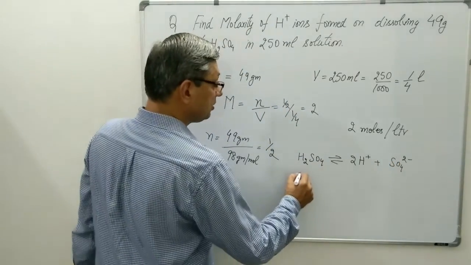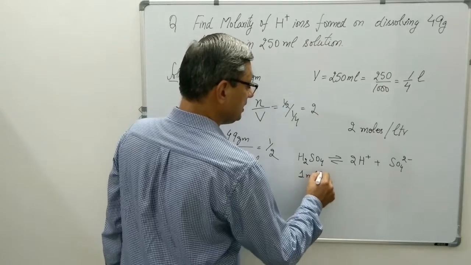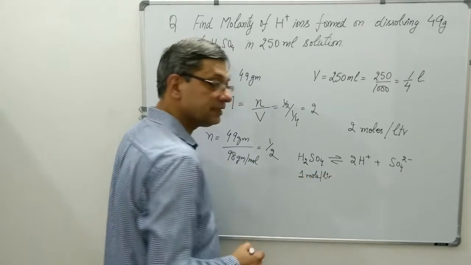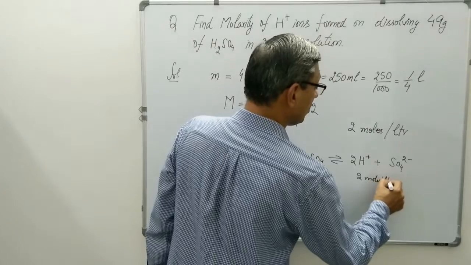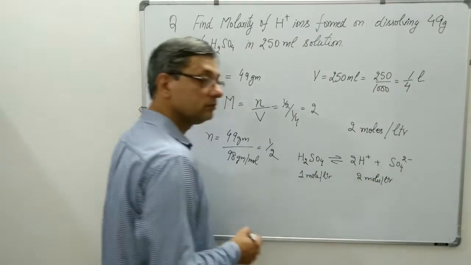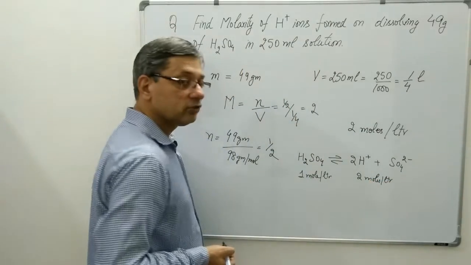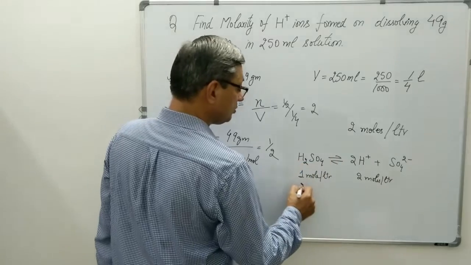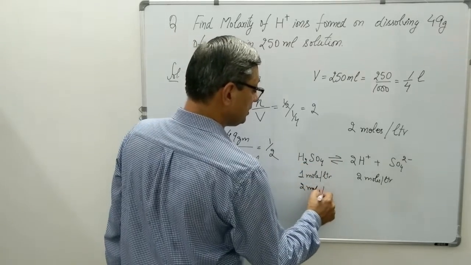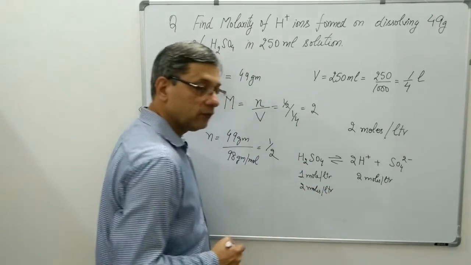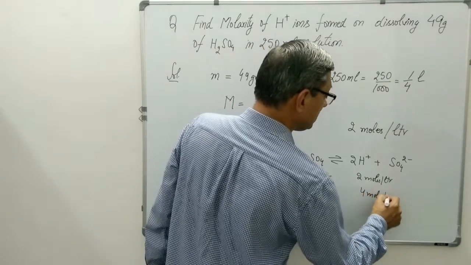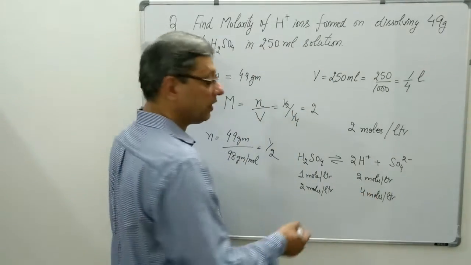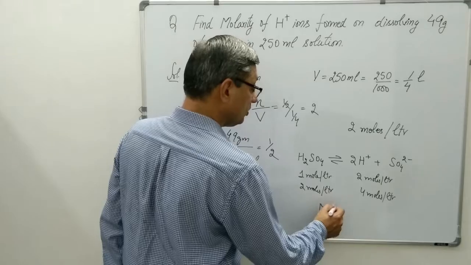Going by the equation, 1 mole per liter of sulfuric acid produces 2 moles per liter of hydrogen ions. We are having H2SO4 how much? 2 moles per liter. So 2 moles per liter of sulfuric acid will produce 4 moles per liter. Therefore, molarity of hydrogen ions comes out to be 4.